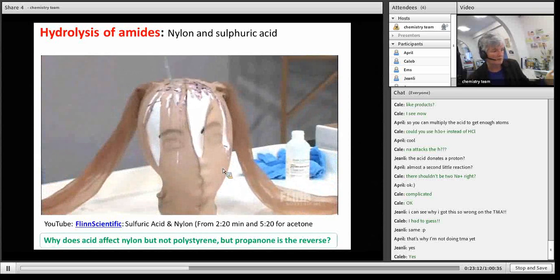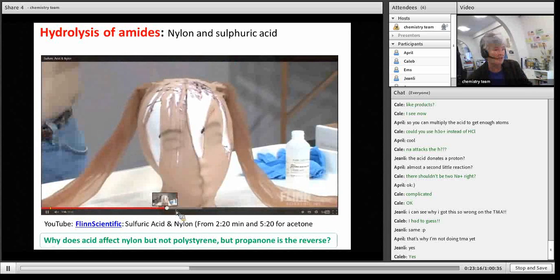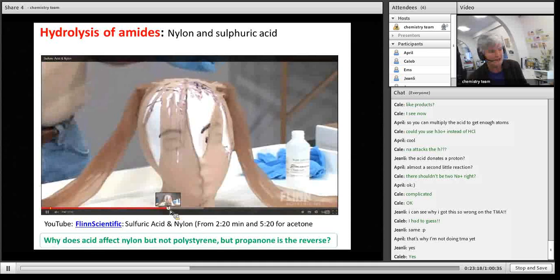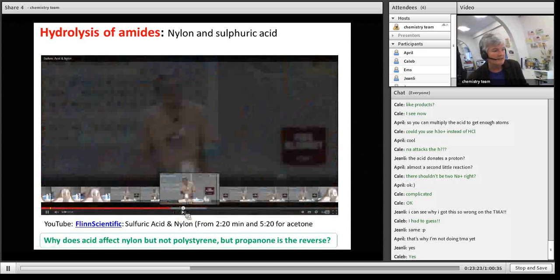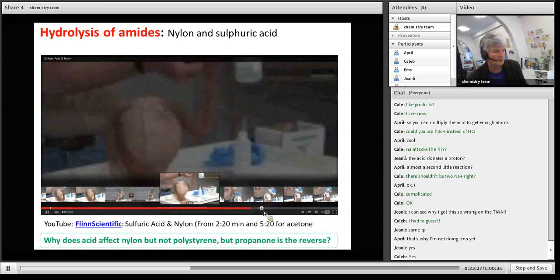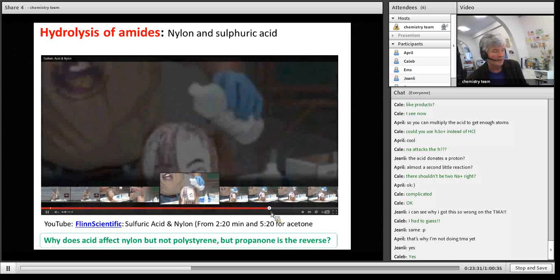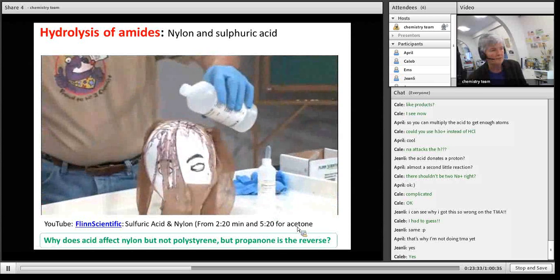Okay, so just to show how easily the fabrics do break down under acids, and you could have done the same for bases. Then what he does here, I'm just going to go to 5.2. He now adds acetone, propanone.